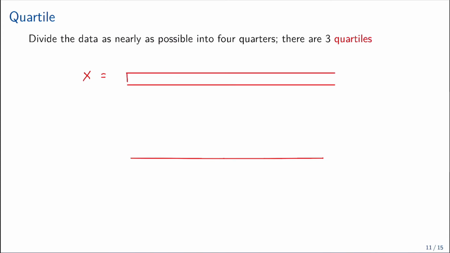This is our data. And so we are going to divide by 2. That's going to be the median. And then each part is going to be divided by 2, right in the middle. So we are going to call this position Q1. This is Q2. And this is Q3: quartile 1, quartile 2, and quartile 3.